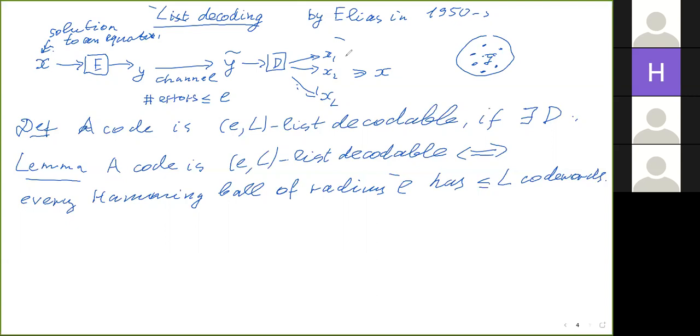We can find some solution, maybe not the one sent by our friend, but we do not care. We only need to have at least one solution. And usually this decoding is used in the scenario when we need only a solution to something which is verifiable.